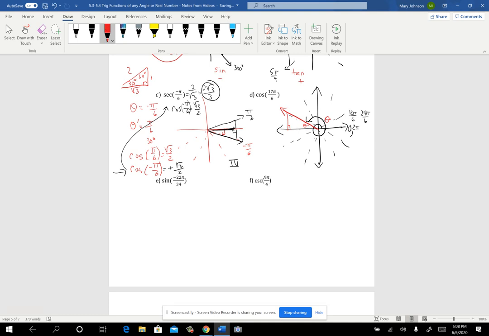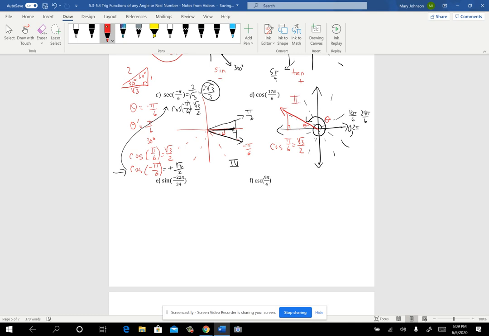So what we're going to wind up doing is, let me get rid of some of those, we're going to wind up doing the cosine of just pi over 6. Okay, so that just happens to be the same as what we did a second ago. We found that a second ago, and that was square root of 3 over 2. All right, but now we're in the second quadrant. You see that? We're up here in the second quadrant.